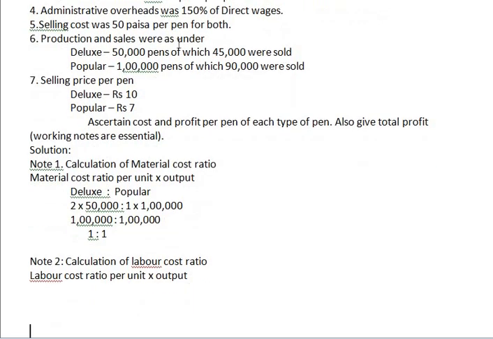Okay, fine. Now here, you can just show it in the bracket. Wait, one thing. First we will write here deluxe. Deluxe is to popular. Now what we will do, we will just write this in the bracket.